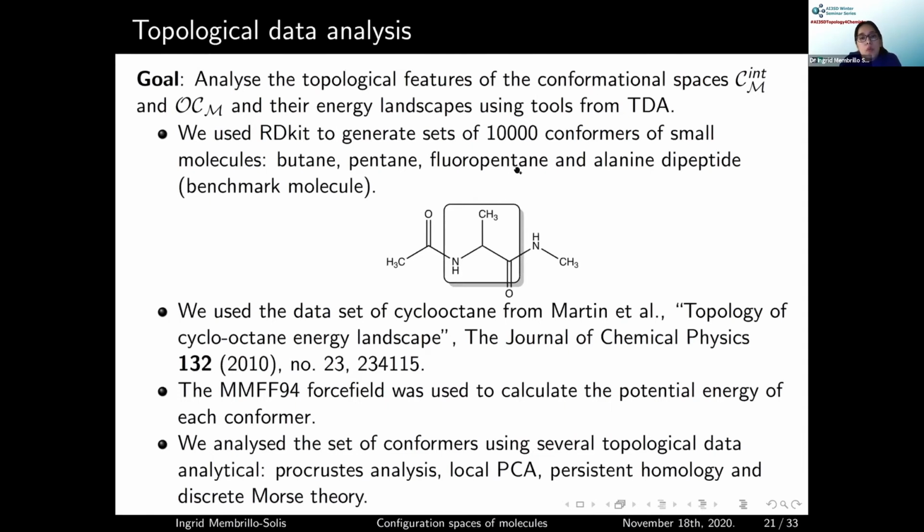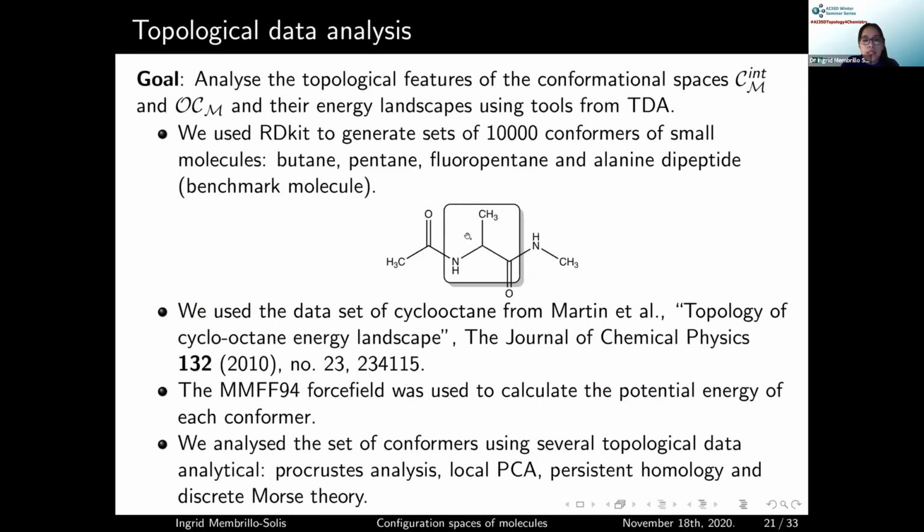For that, we generated sets of 10,000 conformers of small molecules like butane, pentane, fluoropentane, and alanine dipeptide, which was our benchmark molecule. Here I'm showing a picture of this alanine dipeptide.